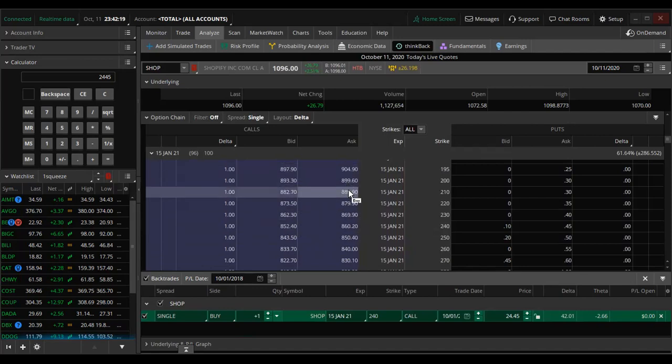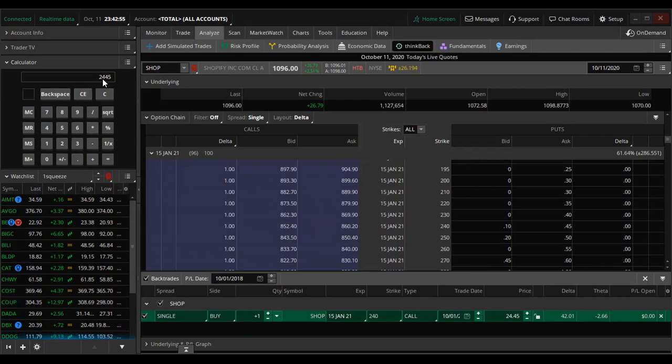Now, when you're buying contracts, you will always buy at the ask. When you're selling, you will always sell at the bid. So the contract that was going for $24.45 is now approximately $852.